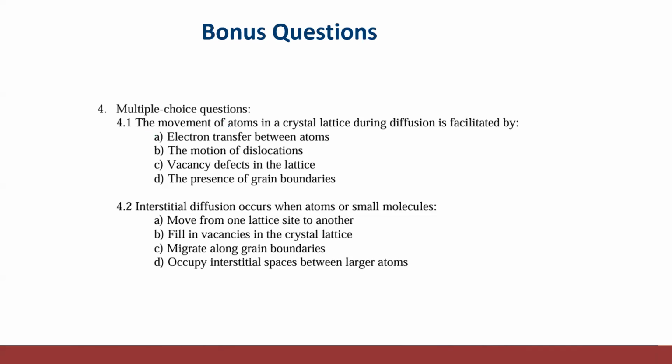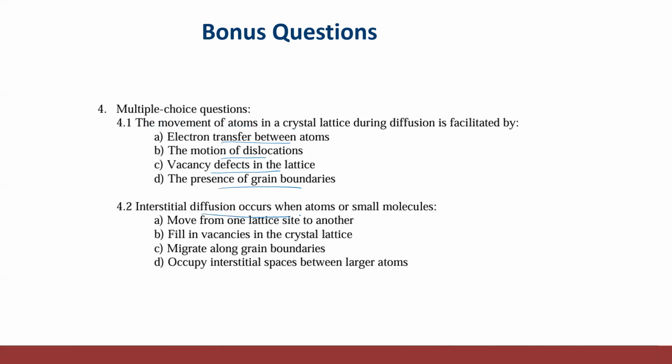The movement of atoms in crystal lattice during diffusion is facilitated by electron transfer between atoms, the motion of dislocations, vacancy defects in the lattice, the presence of grain boundaries. So you can select the right answer with the justification.